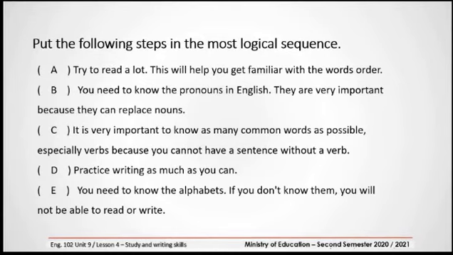Hussein Naji says E is number one. All right, E is number one. A is number two. D is number three. B is number four, and C is number five. Now, when I show you the answer, I will tell you why this is logical.